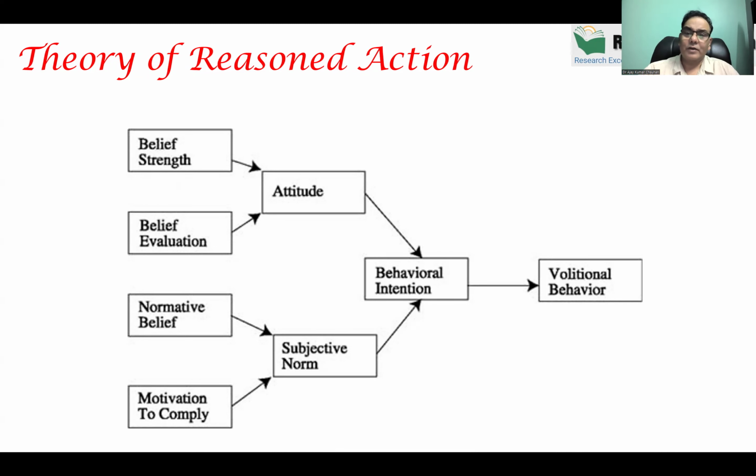So this kind of explanation can be done by reasoned action. So there are many studies like why people buy luxury goods, है ना? एक ये हो सकता है कि why people go for branded product.